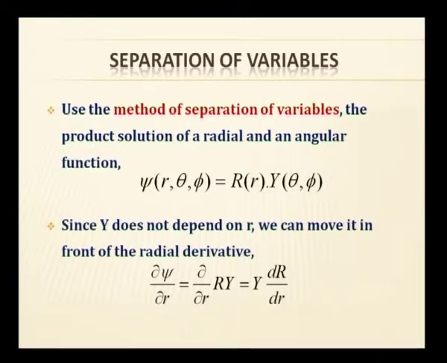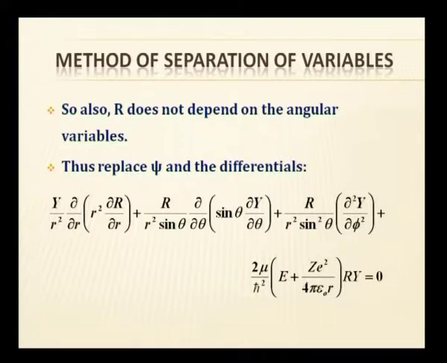Okay. So, Y into dR by dr, because you are taking the differential of R with respect to small r. Therefore, you write Y into dR by dr here; Y is taken to the front of the equation, because Y does not depend upon r, the angular part.